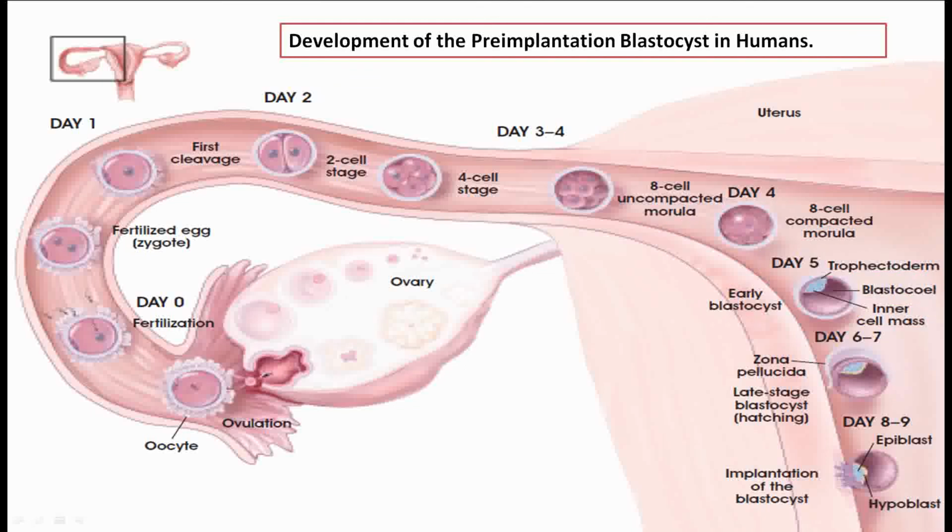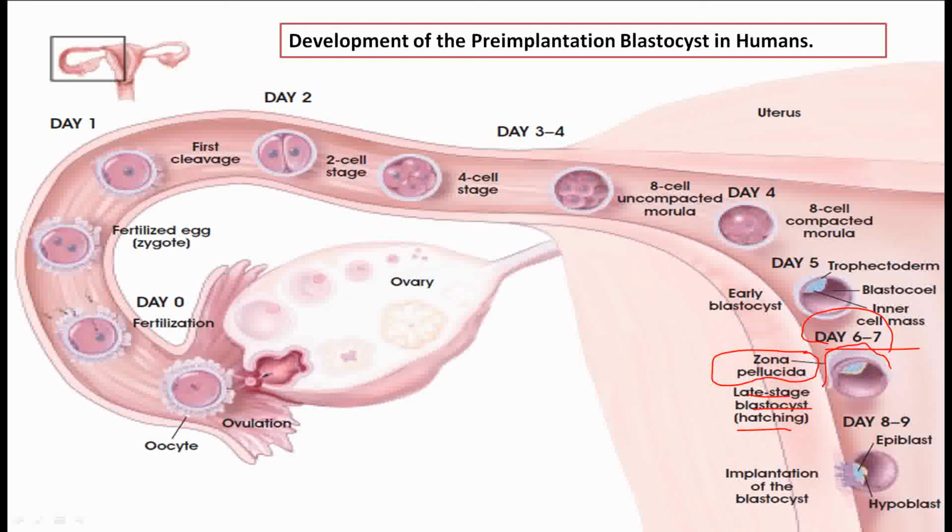Coming to day 6 to 7 from fertilization, there is formation of the zona pellucida. This is the outer layer, the zona pellucida, you can see here. This is the late stage blastocyst, or we can say it is hatching.